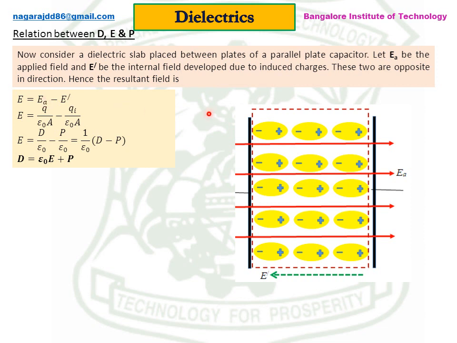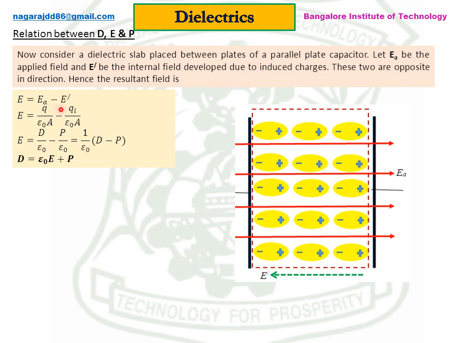EA, that is the field between two parallel plates, we already know that sigma divided by epsilon naught. Sigma is nothing but charge divided by area, therefore it is Q divided by epsilon naught into A. Dear students, try to recall this equation which you might have derived in second PUC using Gauss theorem. Minus E dash.